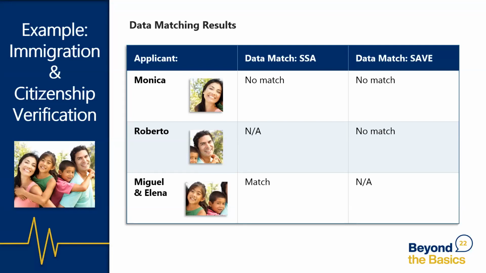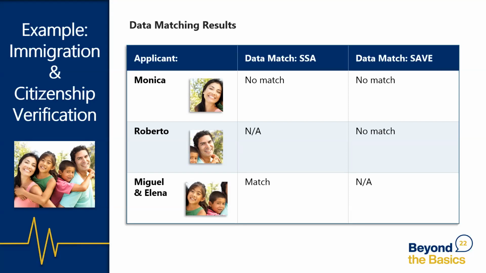And the next step in the whole process would be that if she was able to provide that second piece of data, the number from her certificate of citizenship, they would try and match it against the Department of Homeland Security's SAVE system, but she didn't have that readily available. And there was no match, right?